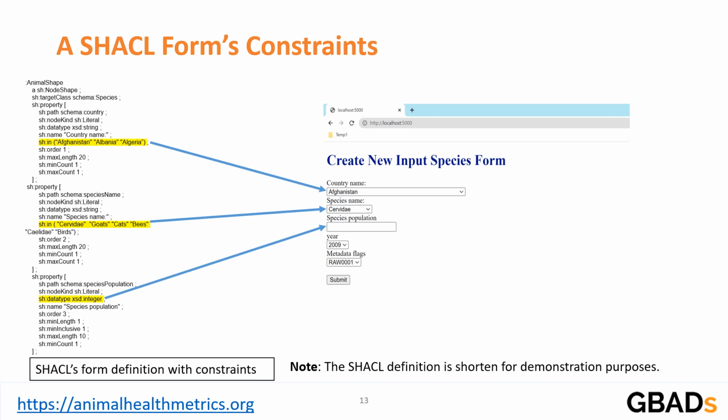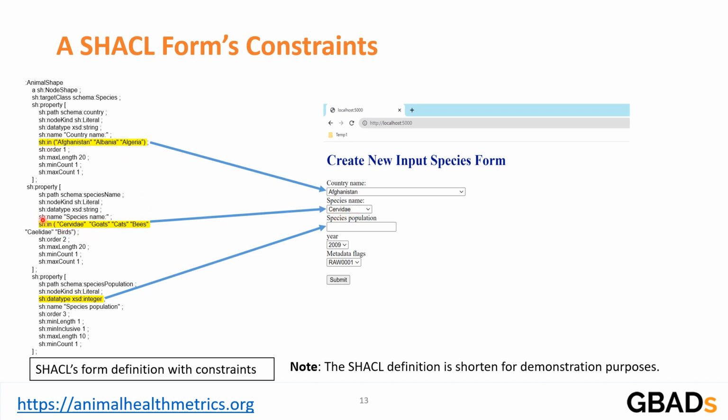So let's examine some information about the SHACL form definitions. We can use the sh:name to specify the country name, as you can see on the right, and also the sh:in to create the drop-down menu.